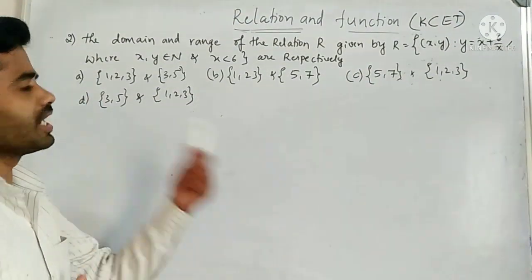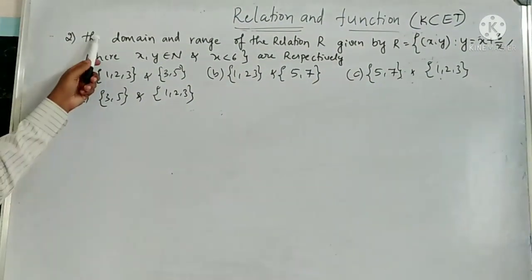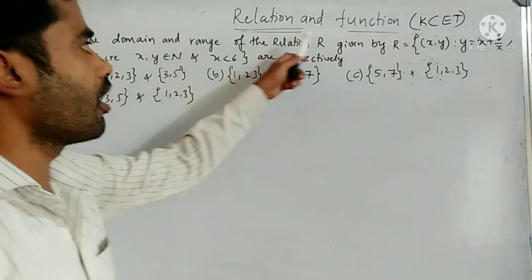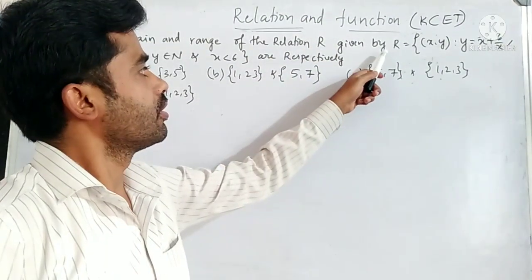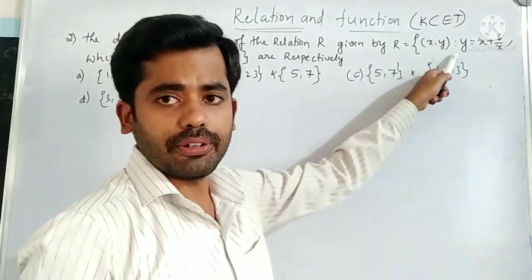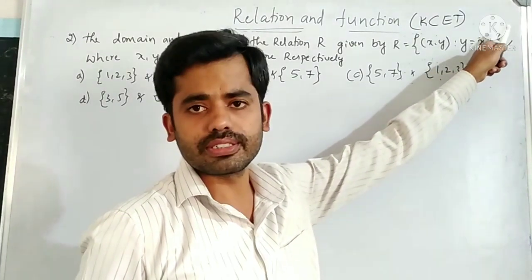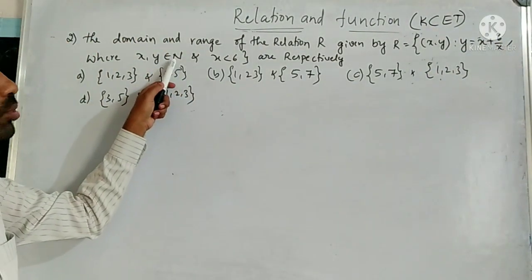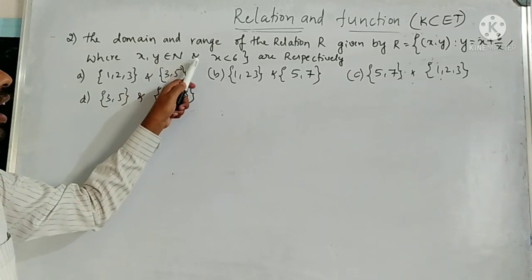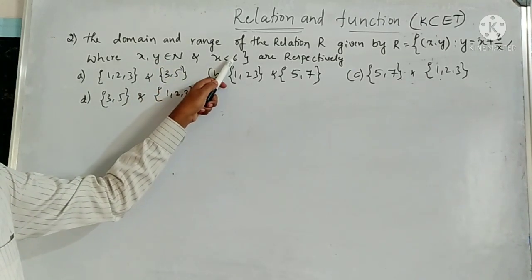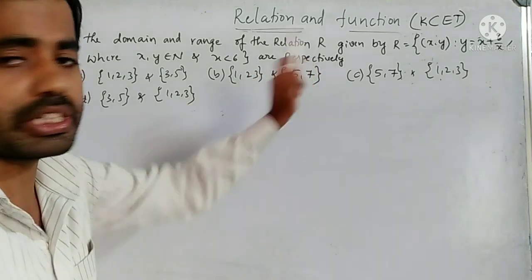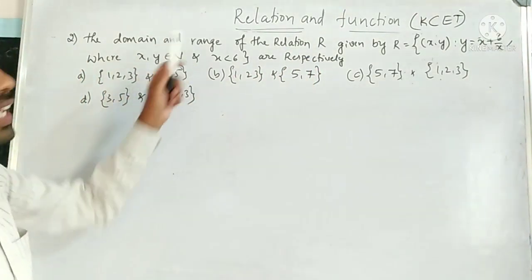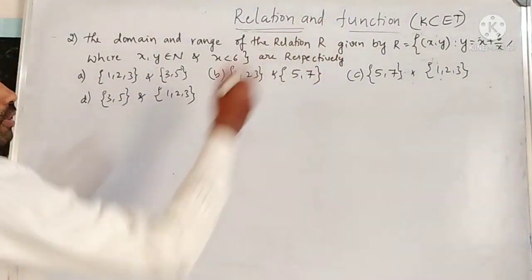Next one, second question. The domain and range of the relation R given by the set of ordered pairs (x, y) where y is equal to x plus 6 by x, where x, y belong to the natural numbers and x is less than 6, are respectively, which are the domain and range?